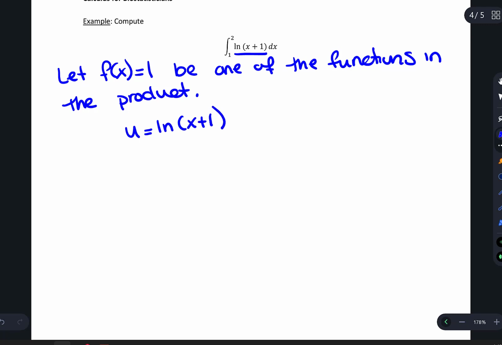And again, we're going to put the log function with the u for the same reason that we did in the previous example. That's because we know the derivative of the log is going to be equal to 1 over whatever's the function on the inside. And then, of course, we have to apply the chain rule. But that means that u prime is going to be much simpler to work with than u. And so that would mean that v prime is equal to 1.